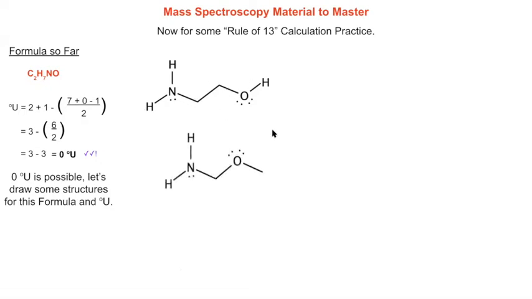Or I can put an oxygen in the middle of 2 carbons, kind of looking like an ether initially, and add an NH2 off of there. And that should be 0 degrees of unsaturation, and all my carbons and oxygens are correct. So I should have the right hydrogens. Let's check. 1, 2, 3, 4, 5, 6, 7. Looks good.